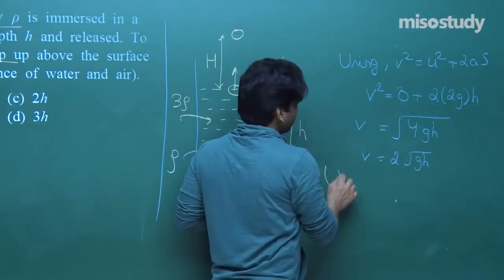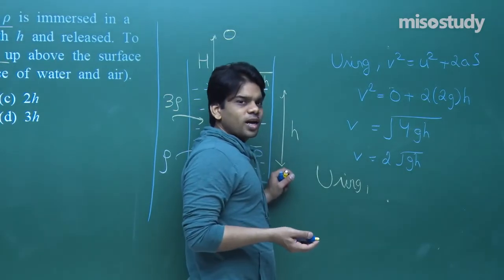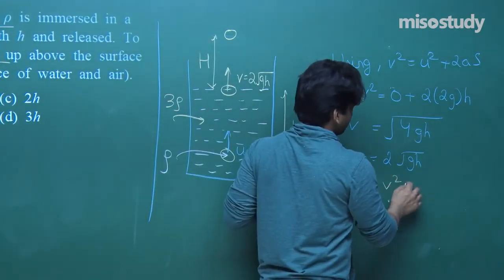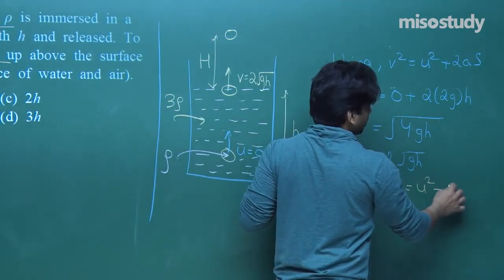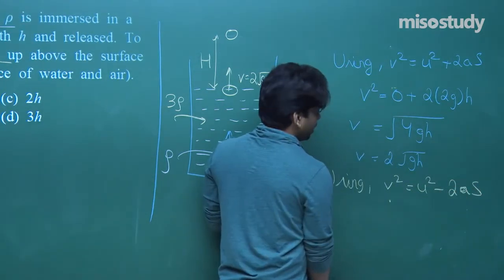So again using v square is equal to u square plus 2as, and in case of deceleration, so minus 2as, where a is g downward.